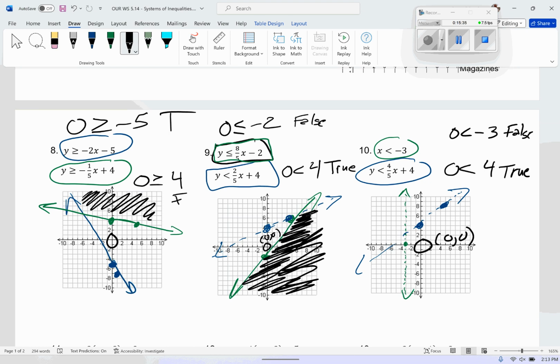All right, so I'm shading the left side of the green and the same side 0, 0 is on with the blue. So did I shade this top region or the bottom region? Yeah, down here.